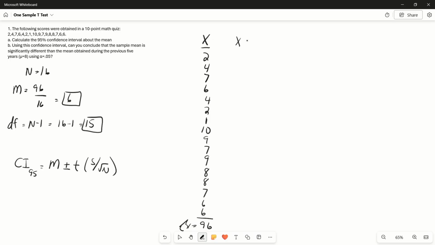Now let's do x minus M, because we're doing, once again, a variance and standard deviation problem. Subtract 6 from each of these scores. And when we add this up, we get 0.